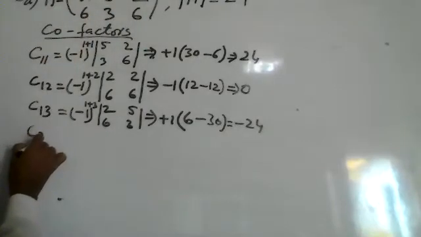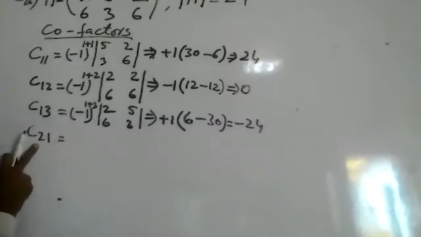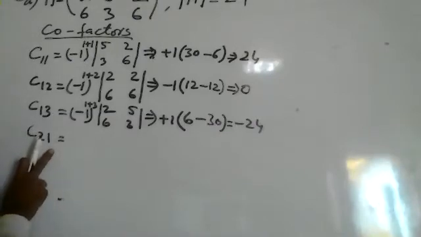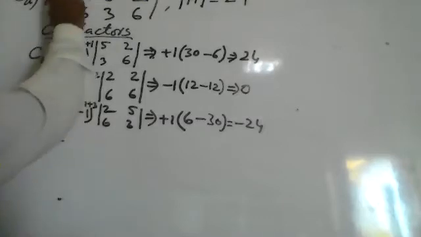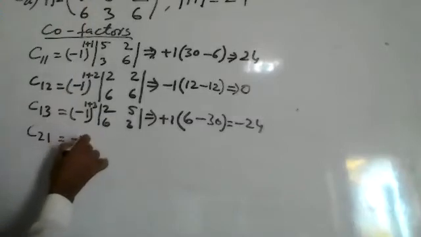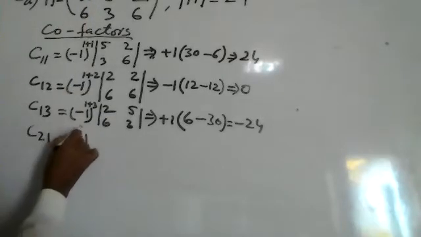So C21, second row and first column. C21 means the cofactor of the second row, first column. So we leave this second row and the first column, and minus 1 raised to power 2 plus 1.